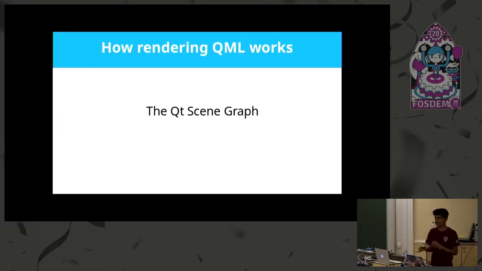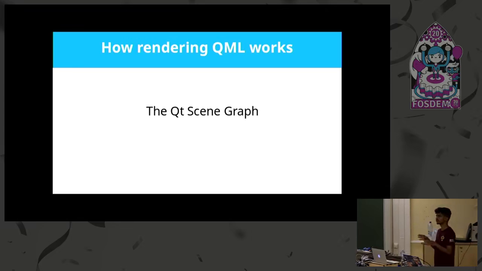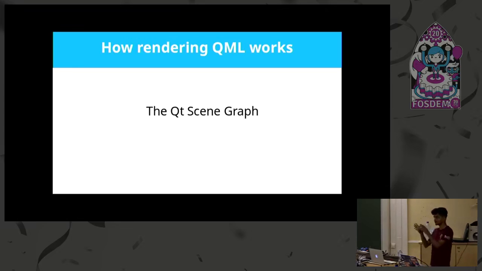Now, as against traditional, imperative painting systems like QPainter, this is a much faster way to render stuff because the Qt scene graph actually takes fewer state changes to render. Say, if you have to render 30 background images, instead of 30 imperative painting calls, you would just do one.